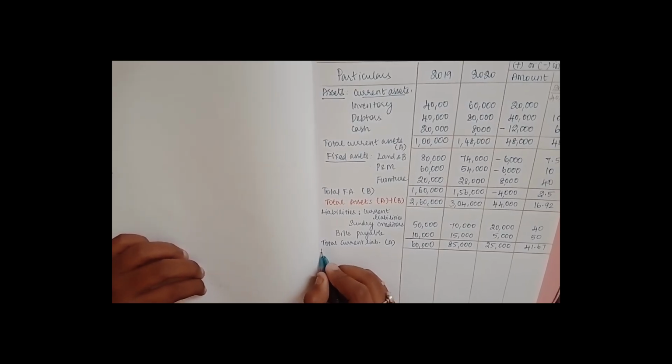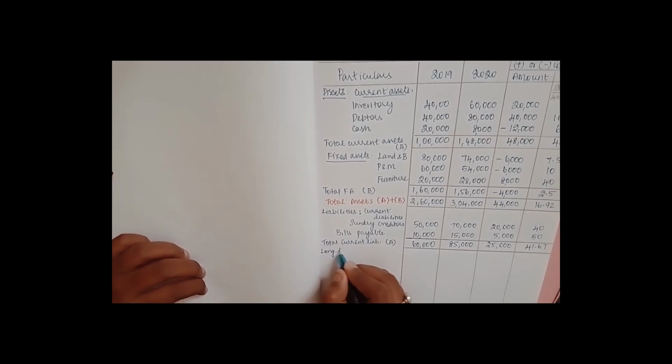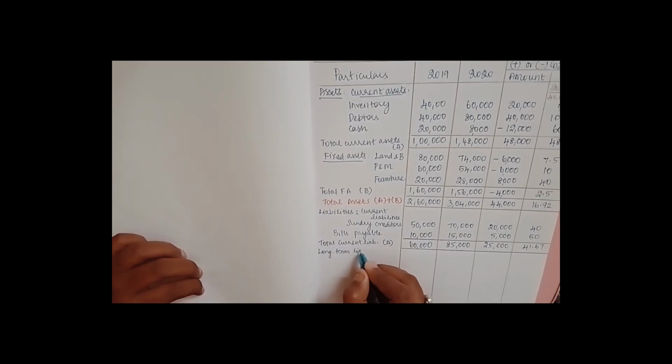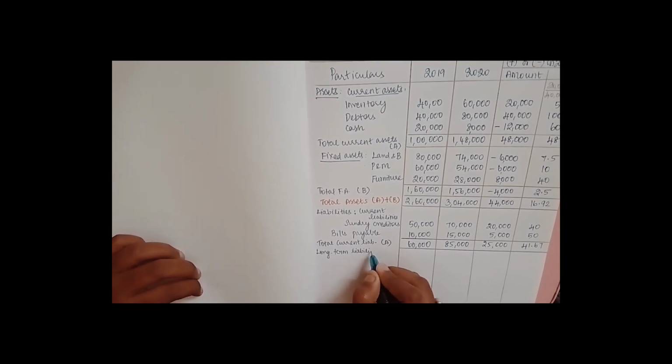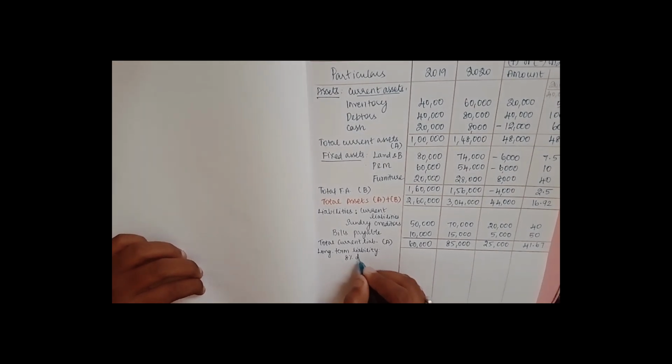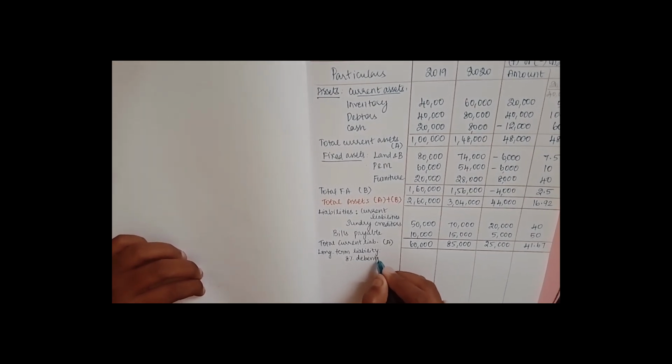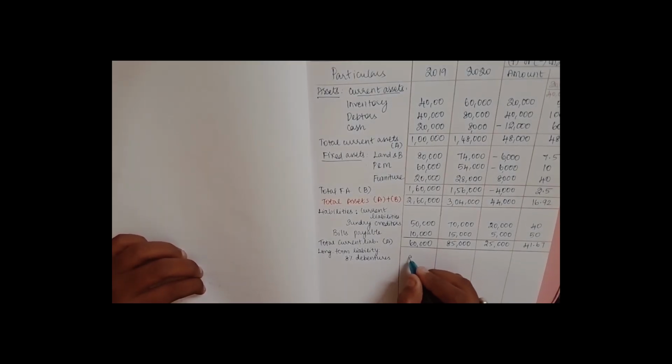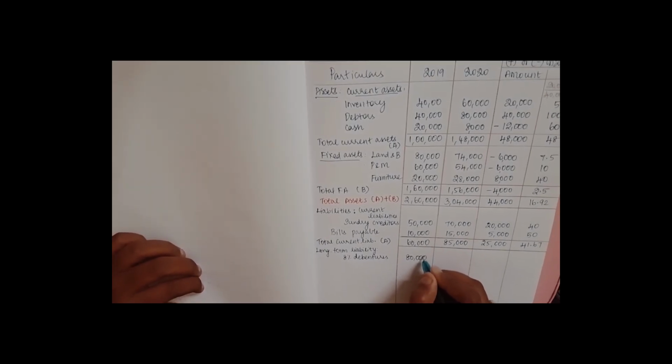The next one is long term liability. Here in the question, 8% debentures is your long-term liability. In this year it is 80,000.